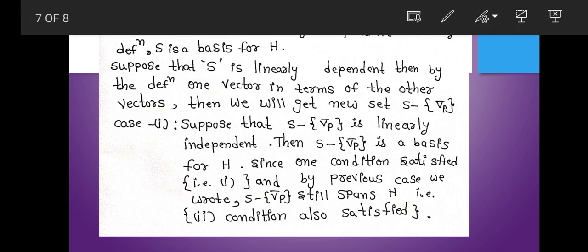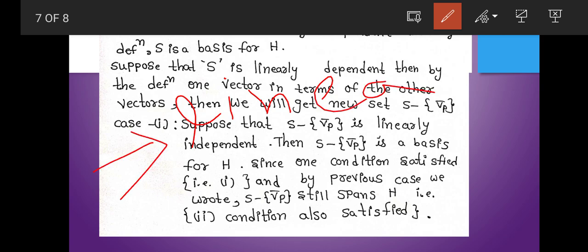See, first case, linearly independent, it is proved. The set S equal to v1, v2 up to vp is linearly independent, which means the vectors do not depend on each other.